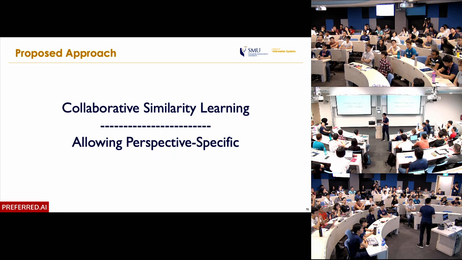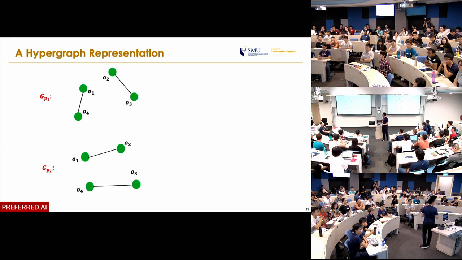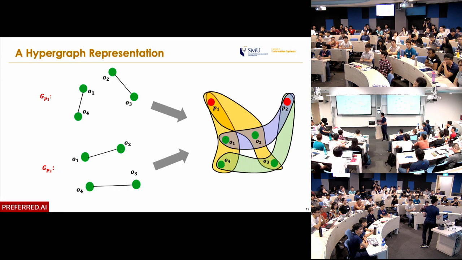So then we propose an approach where we want to learn collaboratively. We learn from multiple perspectives simultaneously. Meanwhile, we still want to allow one perspective to be specific so that they can express their own view. So the first step is that we merge all of these graphs together, but we still maintain the perspective.